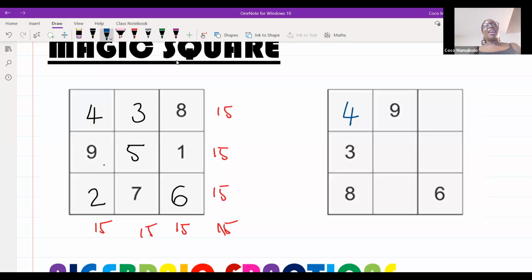Let's have a look again. And then somebody says 4 plus 9. Oh, you meant 3. Tatum says 8 plus 1 plus 6, and I'm trying to keep up with everybody's answers. Everybody's moving so fast. 8 plus 1 plus 6, correct. Akwanda says 2 plus 7 plus 6. Where's the 2? Guys, where am I putting the 2? 3 plus 5 plus 7.